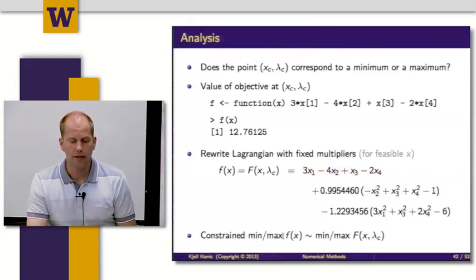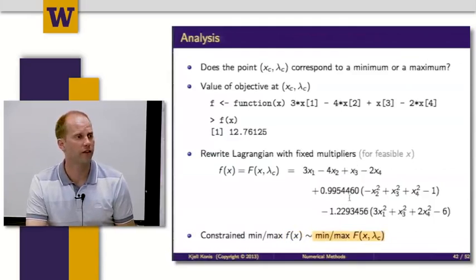So a constrained minimum or maximum of little f of x is going to correspond to the unconstrained minimum and maximum of this function capital F of x, but with these Lagrange multipliers plugged in.